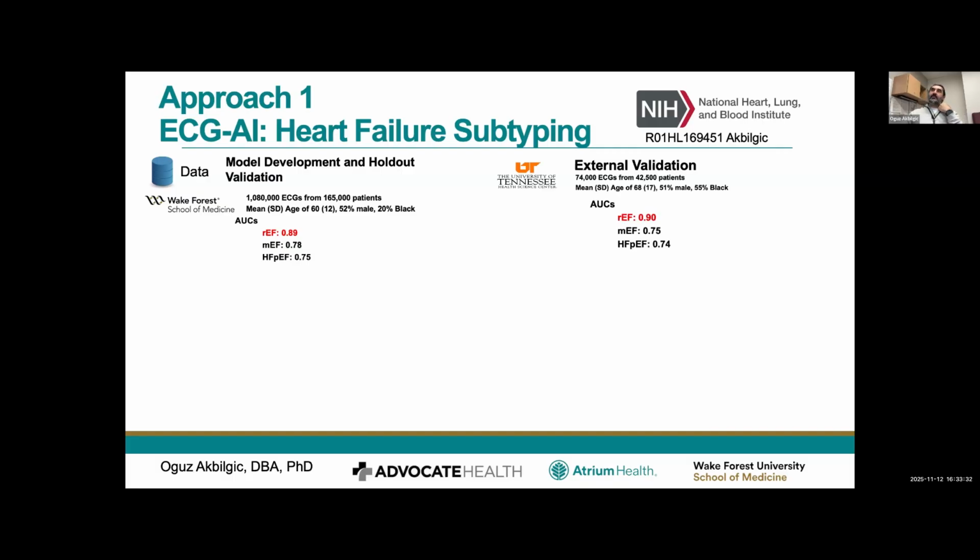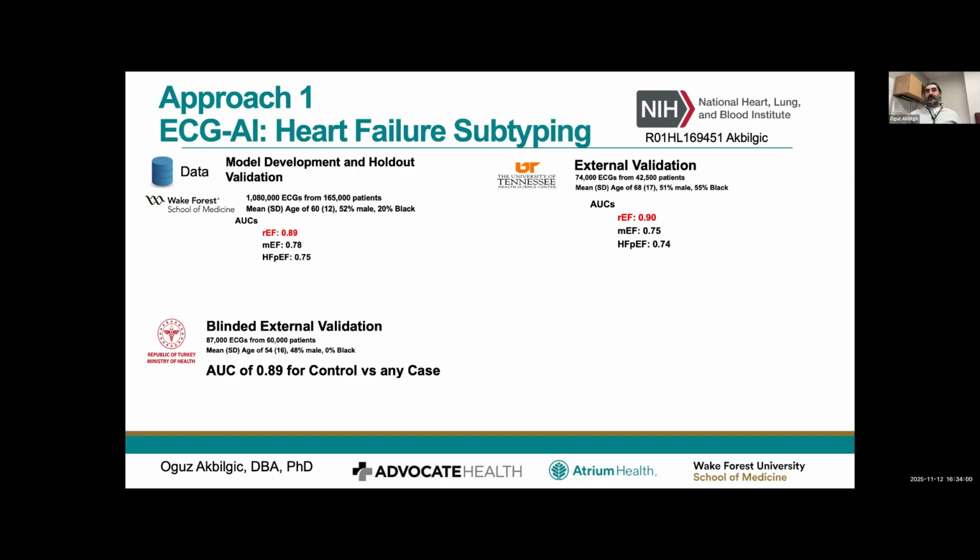Next, we gathered about 74,000 ECGs from 42,500 patients from Memphis, Tennessee, from the University of Tennessee, and without any fine-tuning, we externally validated our model on that data. I'm highlighting the reduced EF because this is the one we are implementing in the clinic. For low EF detection, we got 0.9 there.